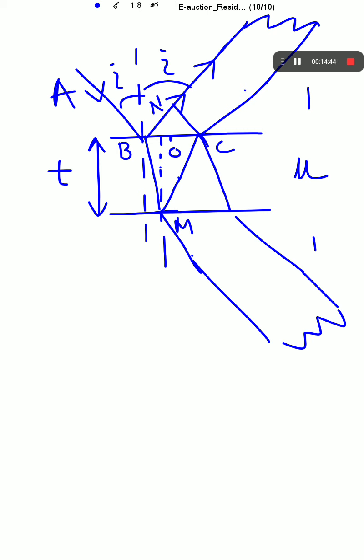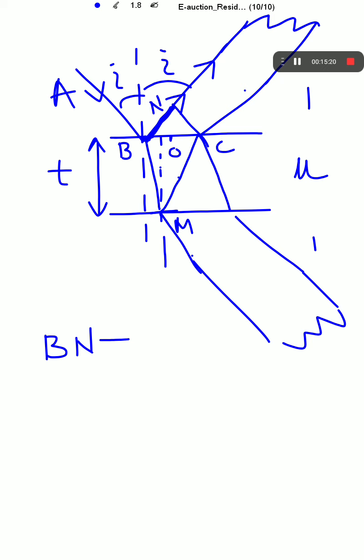So it can be seen that when light is traveling by reflecting from the first surface, point B to N, this ray B to N, in that time light has gone B to M, M to C. So the path difference is basically BN, which is in the air, minus BM plus MC.